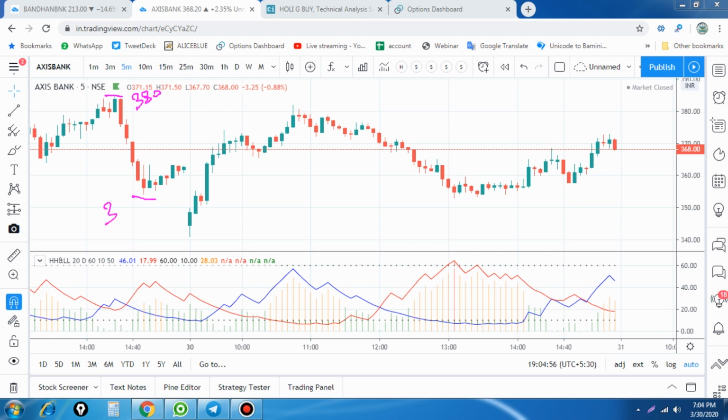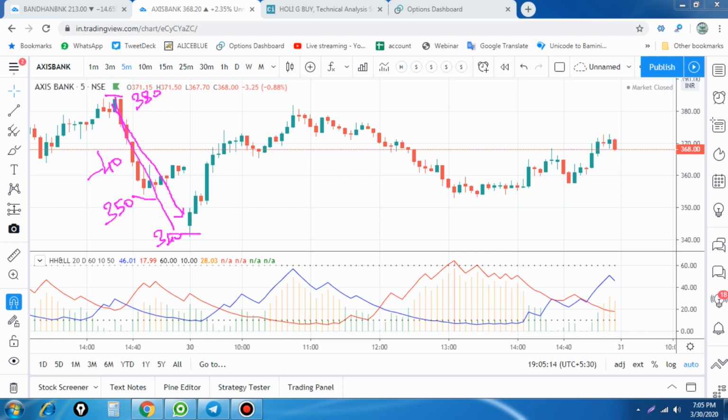Previously Axis Bank from 380 came down to around 350, so almost the stock is down by 30 points. If you compare today's low, it is around 340, 40 points down from the recent high, and we can see there is a downtrend.